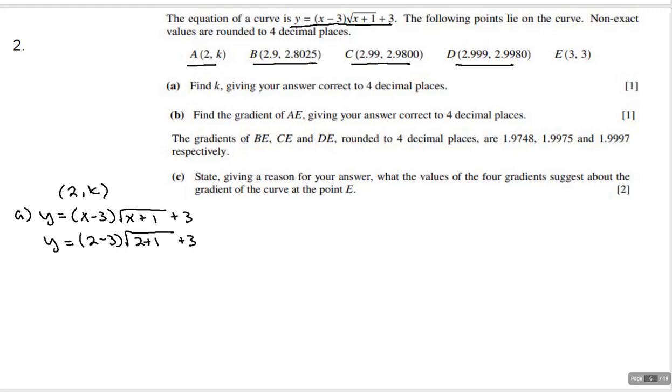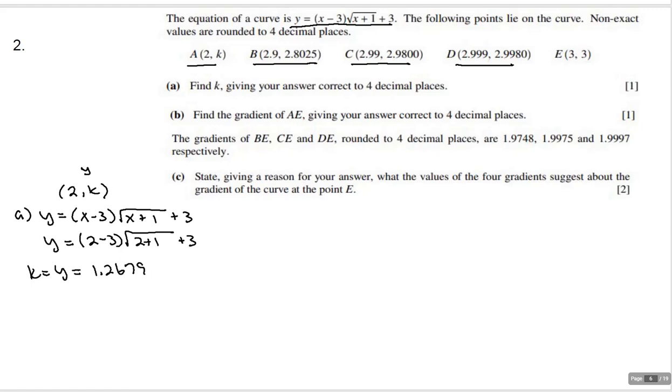Okay, so hopefully you did that, and if you did, you substituted in the 2 for the x, and you should have gotten that y was equal to 1.2679. Now keep in mind, y is k, but that's what they asked us to find. That's part A, worth 1 point. It wasn't that hard. Who knows why we did it, but we did it, and that's fine.